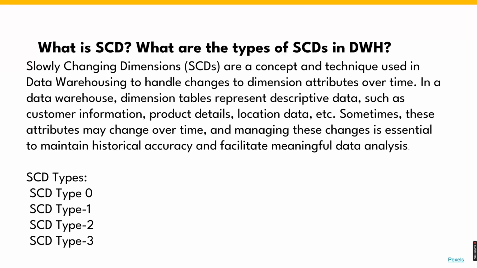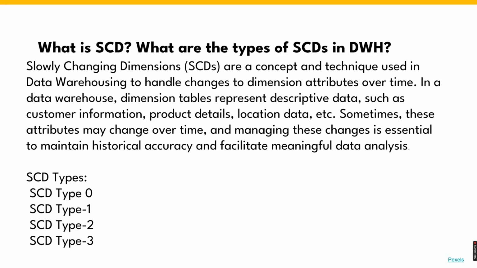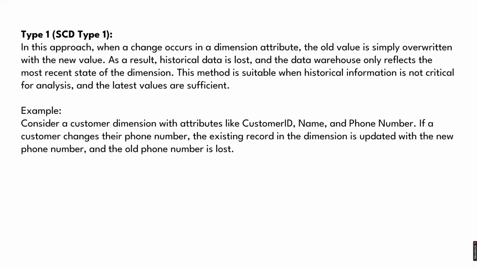The SCD types are type 0, type 1, type 2, type 3. Let's discuss SCD type 0 and type 1 in the Excel sheet. Types 1, 2, and 3 I'm going to explain today. Type 4 and type 6 I'll explain in further videos.